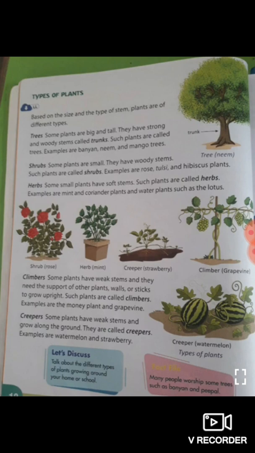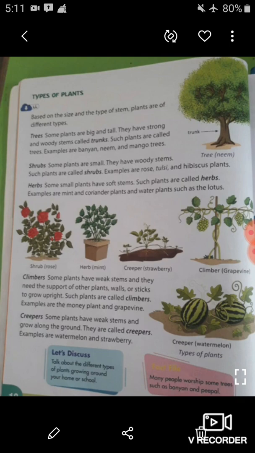So students, plants are classified based on different size and type of stem. Look here, in the first picture, this is the picture of a neem tree. The plants that have strong and woody stems, those stems are called trunks.